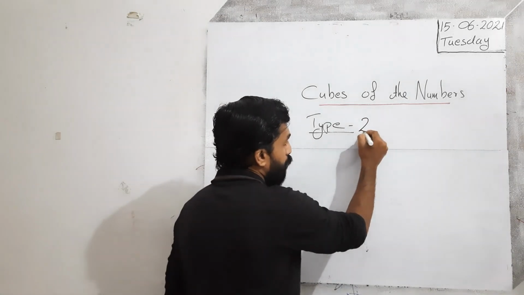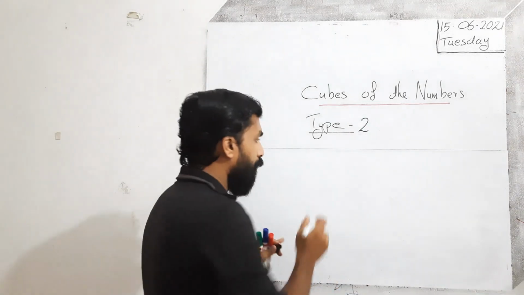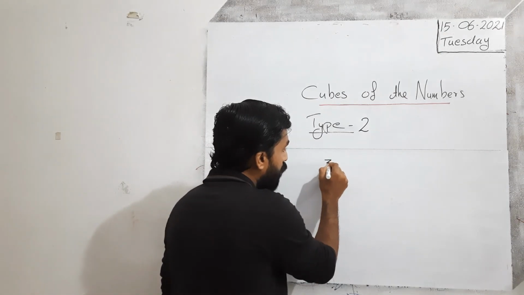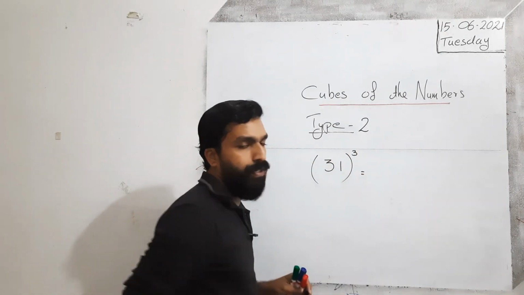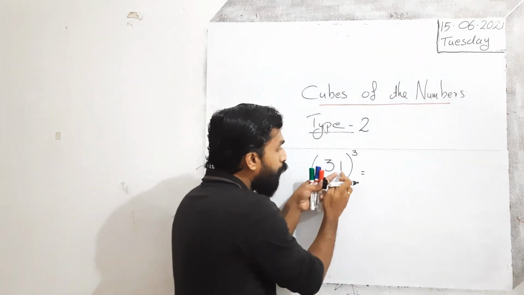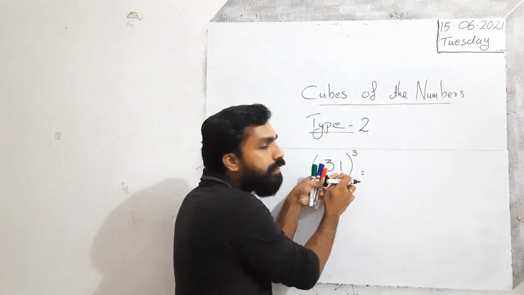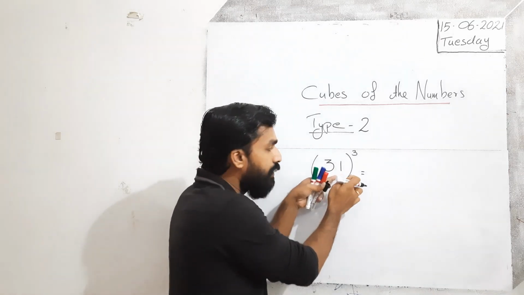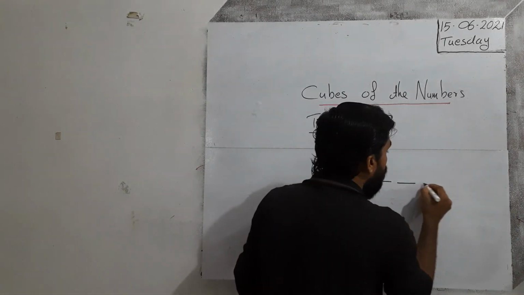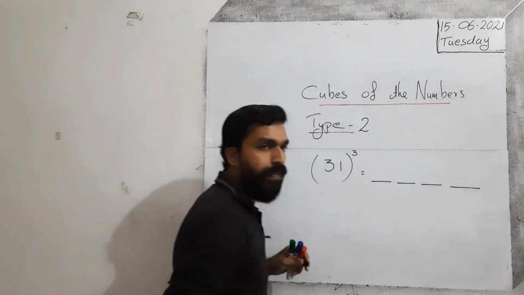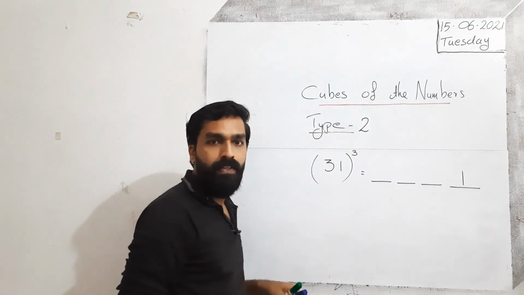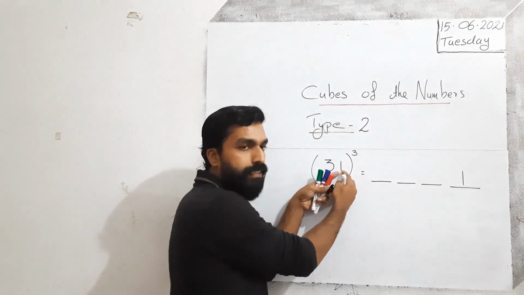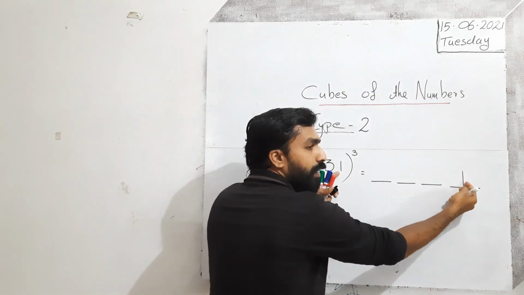Type 2. For example, we have to find 31 cube. Here the unit place, the last digit, is 1. You mark 4 blank places, and in the last place you write 1.